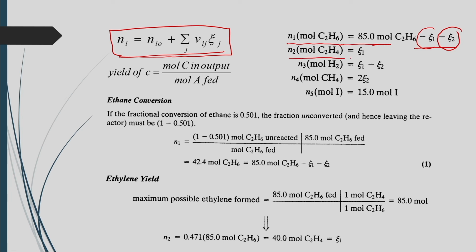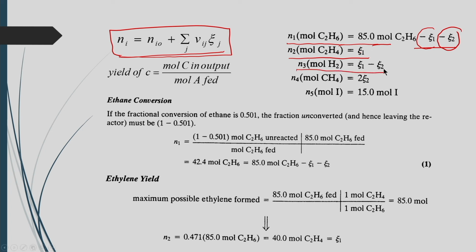Similarly, N2 will be equal to Xi1, since it is a product, so you have to represent the coefficient nu as a positive term. So it will be positive 1 Xi1 as per the equation.